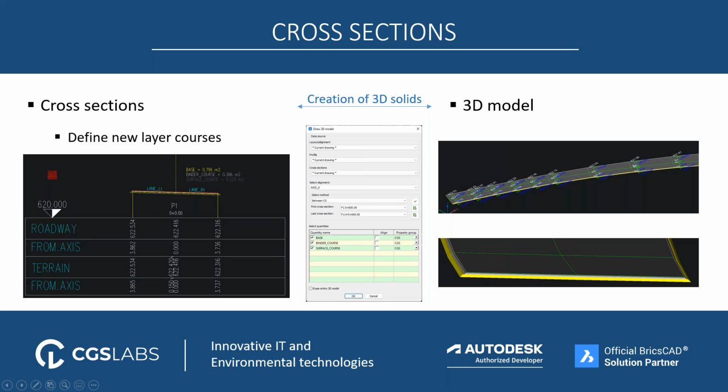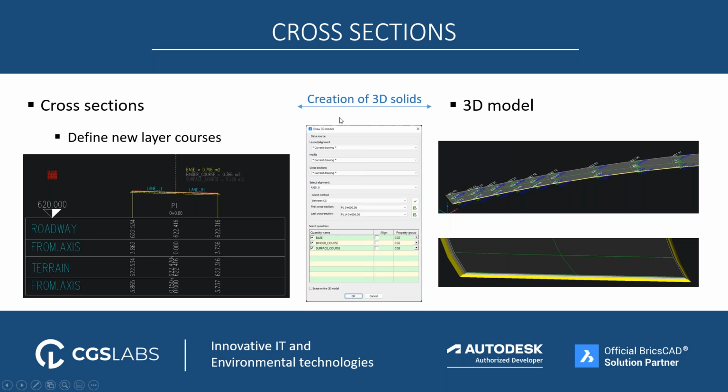Now we move to the cross sections, which we design as any other project. We actually design the new road layers, from which we can also get the volumes. Based on this cross section, we can also create a 3D model.